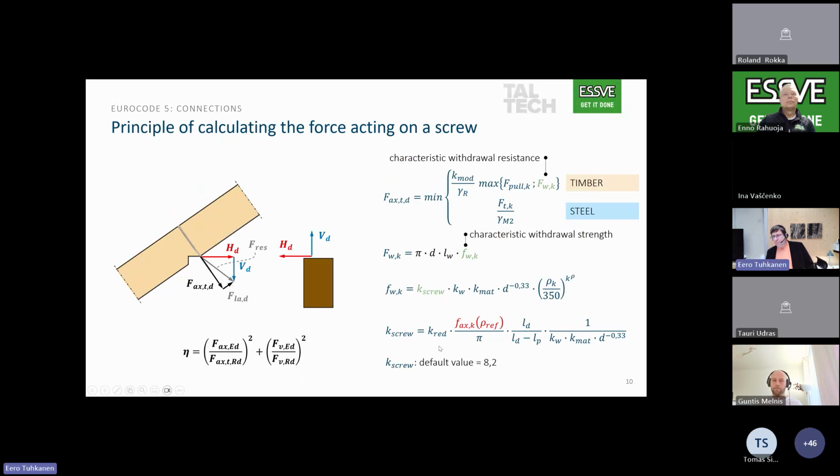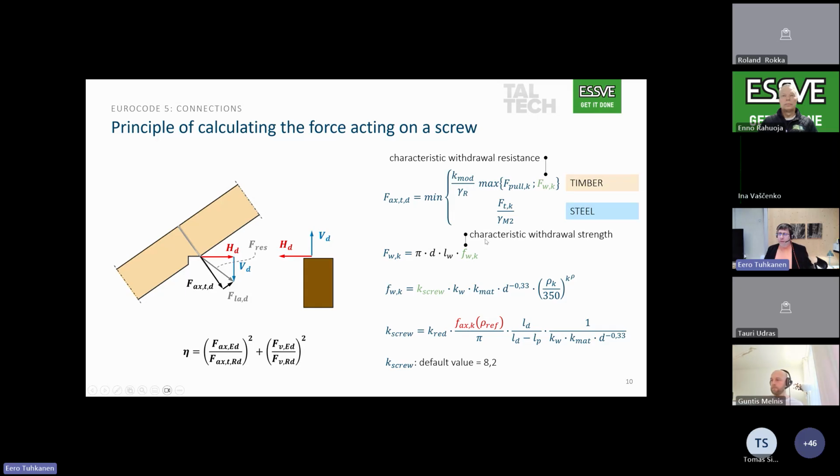Here on the right side, if you remember from the spring, we talked about characteristic withdrawal resistance, which is new in Eurocode, and how to consider that. We have this characteristic withdrawal resistance, F_ax,Rd, we have to consider in this case. And in the new Eurocode, the characteristic withdrawal resistance is calculated based on the screw circumference, not only the diameter.